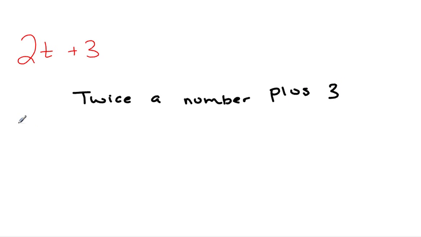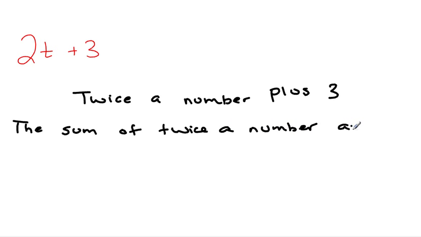It might also look longer and say the same thing, where it could say the sum of twice a number and 3. Notice there are many different ways to say this. So just kind of keep that in mind as we go forward.